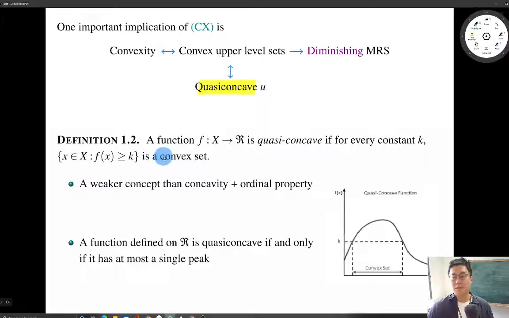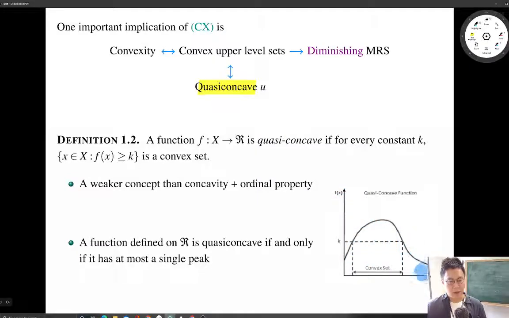If it is a convex set for every k, then we say function f is quasi-concave. Its definition is easy to understand when we draw the function over a unidimensional space. Here is a graph of the function.